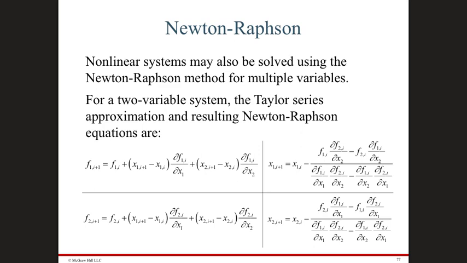And then from those, you can get the current value of x in terms of the previous value. Your final target is to solve for x. So you just rewrite those equations such that you can get an expression for x1 in terms of x1 previous, and an expression for x2 in terms of x2 previous. And you end up with these nice expressions, which are easy to calculate because all these derivatives, you can calculate them if you know the functions, right?